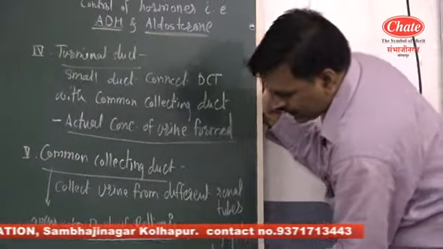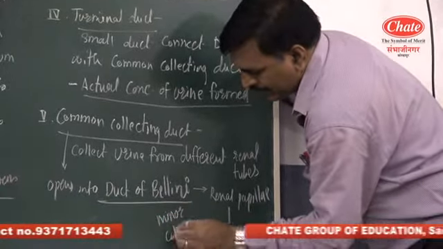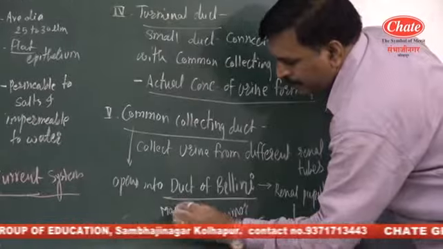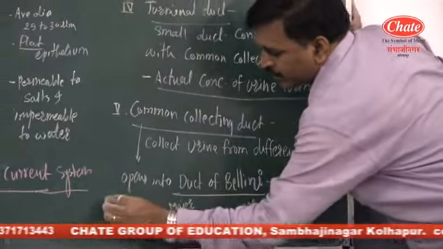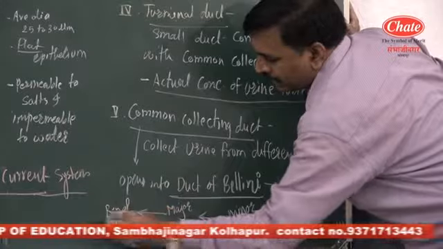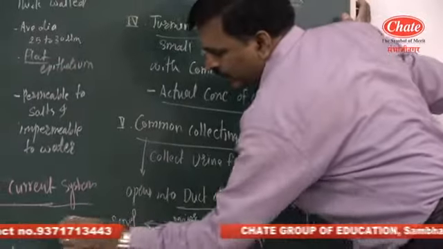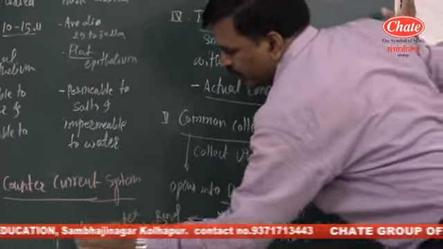Renal papillae open into minor calyx. Minor calyx opens into major calyx. Major calyx opens into renal pelvis, and from renal pelvis it goes into the ureter, and from ureter to the urinary bladder.